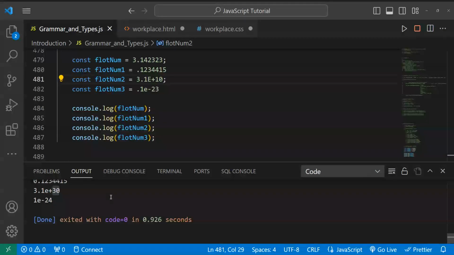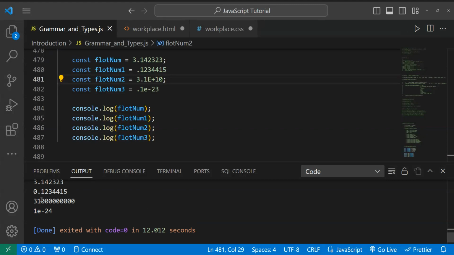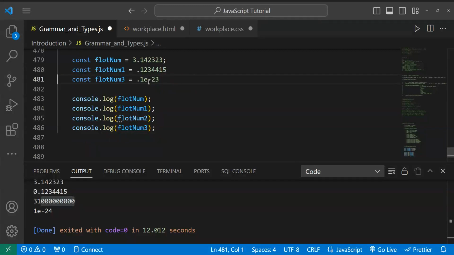It will give us 10 zeros to make it longer in operation, isn't it? Right. Here, as you see, 10 zeros. So we don't need to write, for example, like this. Listen, if we tag this e plus 10, we must put 10 zeros there like this. We don't need to do that, okay?